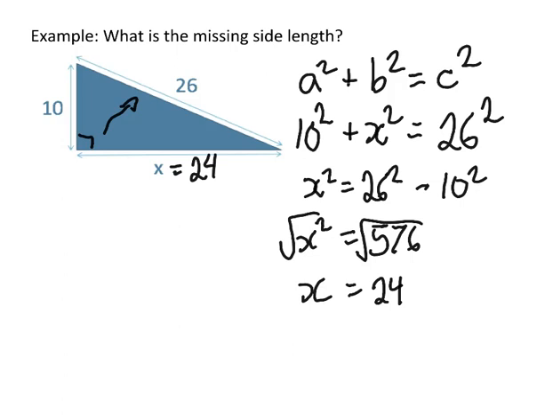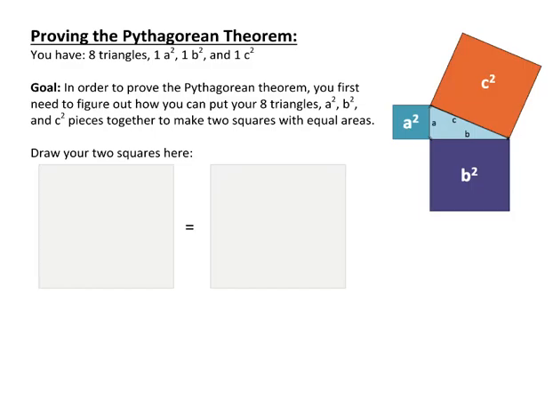All right, the really interesting thing to do, I find, with the Pythagorean theorem is to prove why it's actually true. So for this, what you'll need is 8 triangles, and these will be right angle triangles that have a side A, side B, and then a hypotenuse, which is C here. You're going to need 8 of those. And then you're also going to need an A squared shape, which is literally a square that has sides A by A, so its area will be A squared.